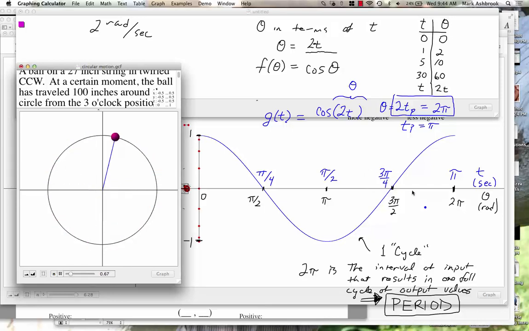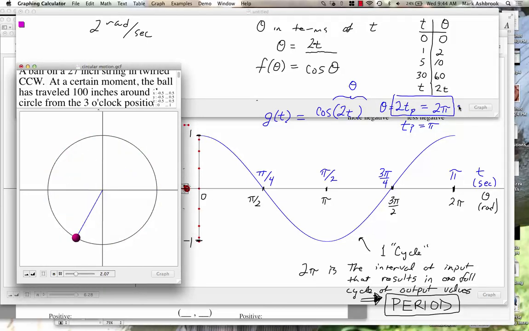Dividing the period by 4 is what we're going to do a lot. We start with the period, divide it into 4, representing the 4 quadrants of the circle, and those are the key points on the curve. So if we're graphing g, our axis scale would be in seconds, and our period would be pi.